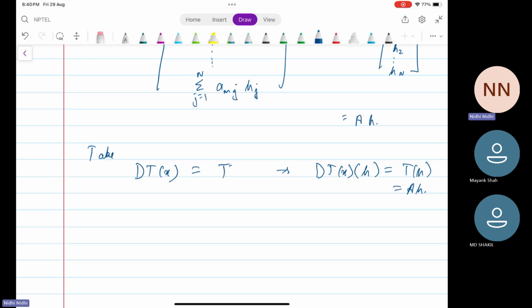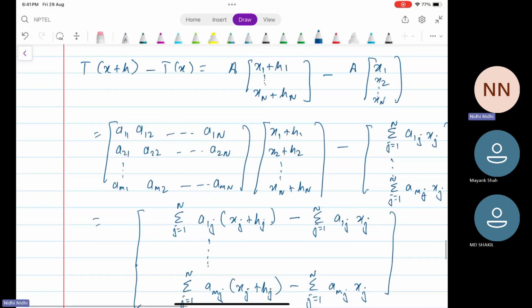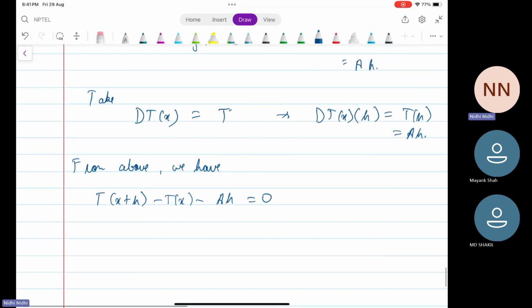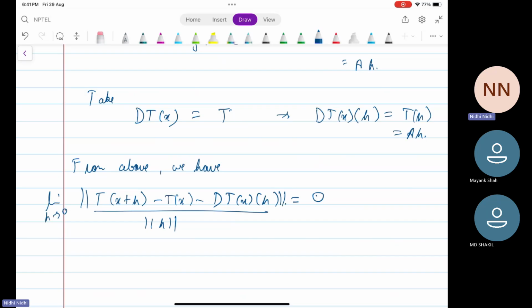And from above we have the norm of T(x+h) minus T(x) minus Ah. This is 0 because T(x+h) minus T(x) is equal to Ah. Now this Ah can be replaced by dTx at h. This is equal to 0. So the norm divided by norm, and then apply the limit, it will also be 0.